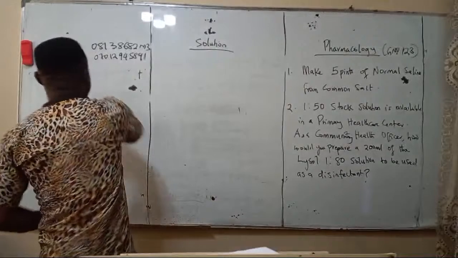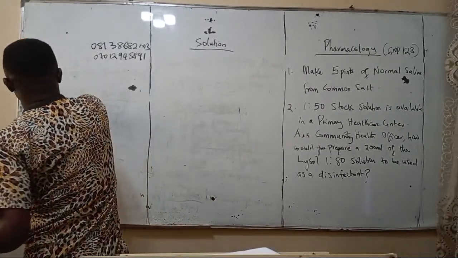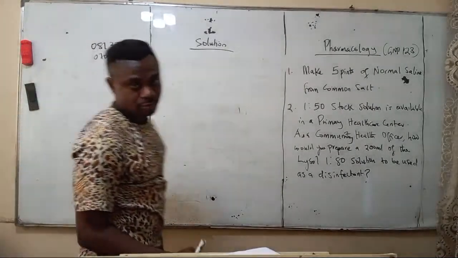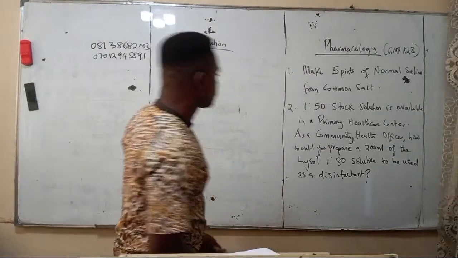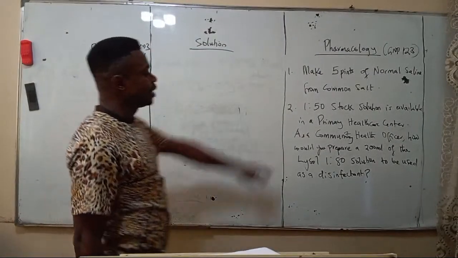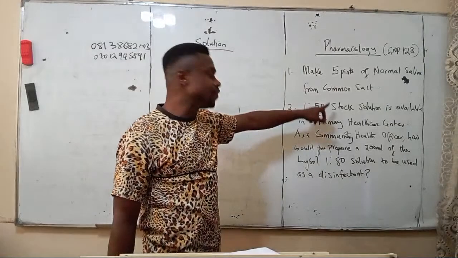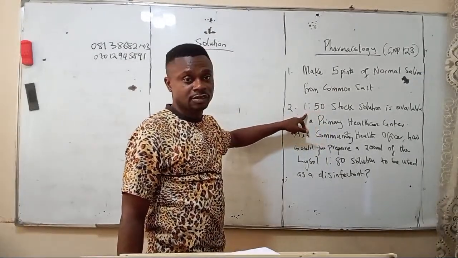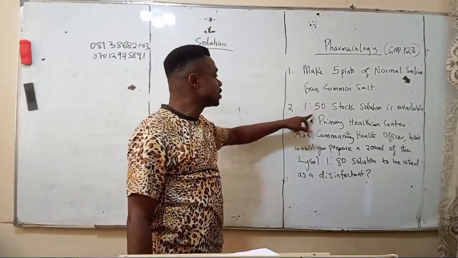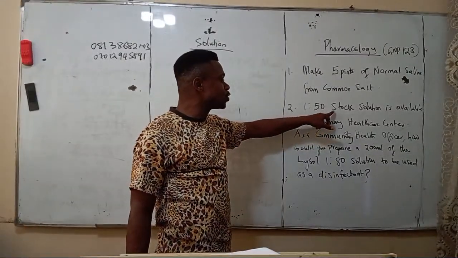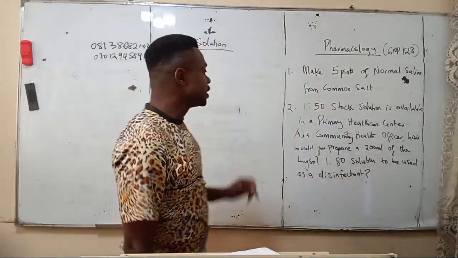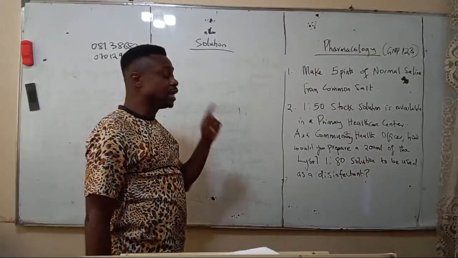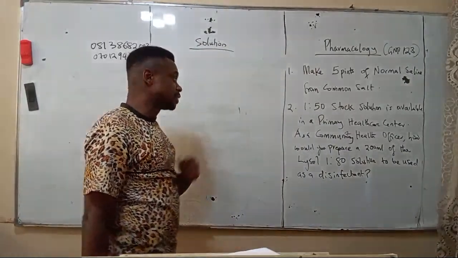Okay, let's now look at question number 2. The question says, 1:50 is a concentration, a ratio concentration or ratio strength. 1:50 stock solution is available in a primary health care center.